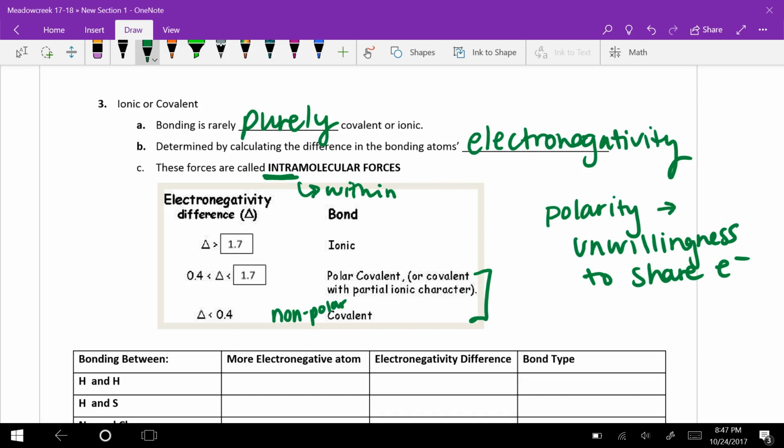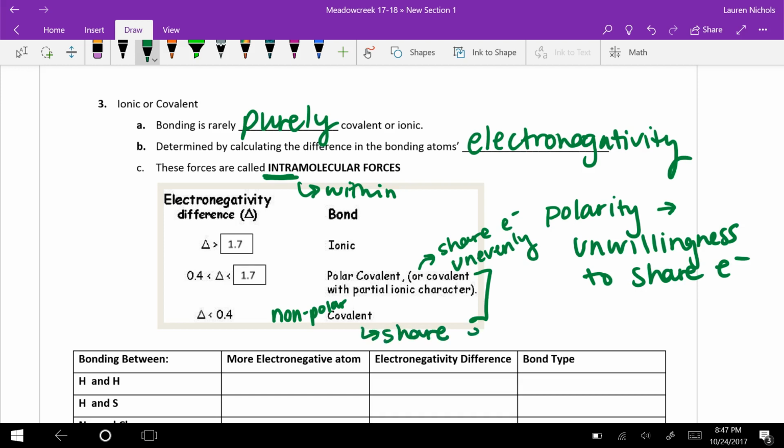Polar covalent compounds are going to share electrons unevenly. Okay, it's like the bully or your older sibling when they say, oh yes, mom, I did share with my little brother and sister, but in reality, you know that they got to play with the toy for 20 minutes and you only got 2 minutes. They're sharing, but they're sharing unevenly. And then non-polar covalent would mean that electrons are going to be shared equally.